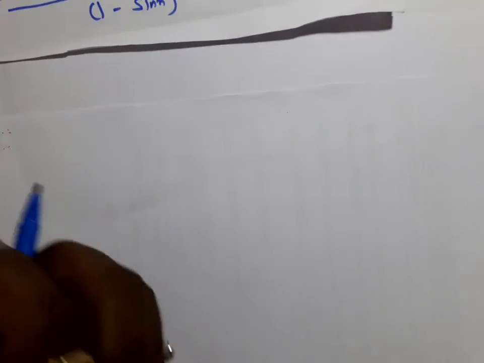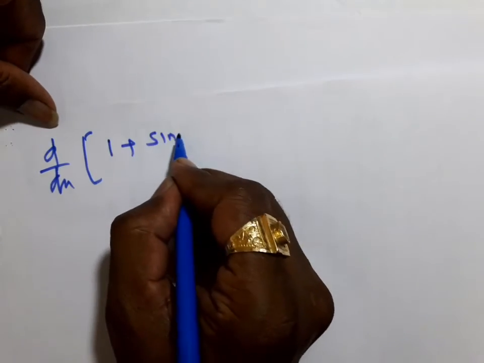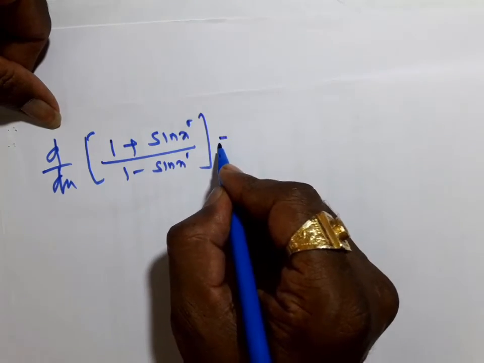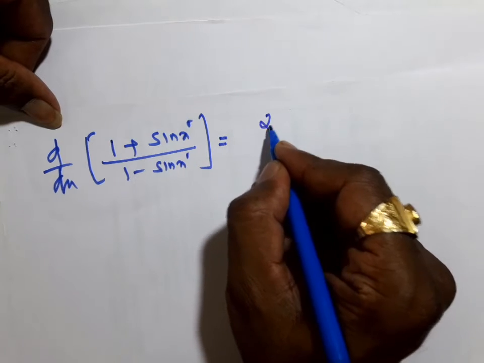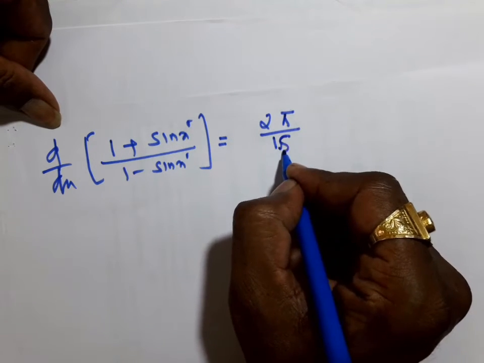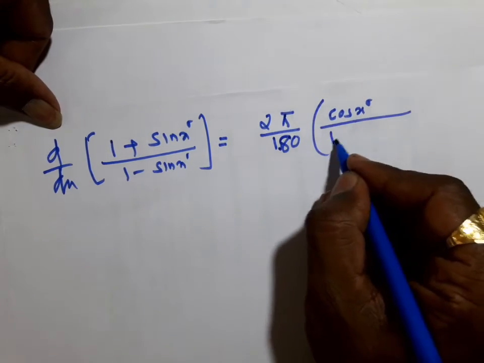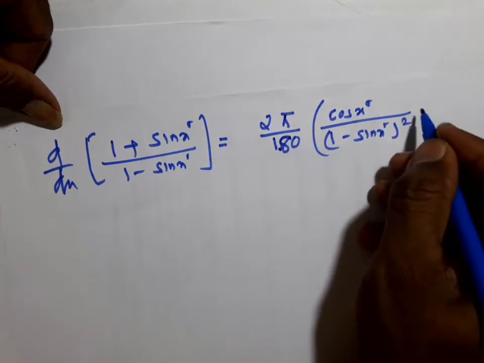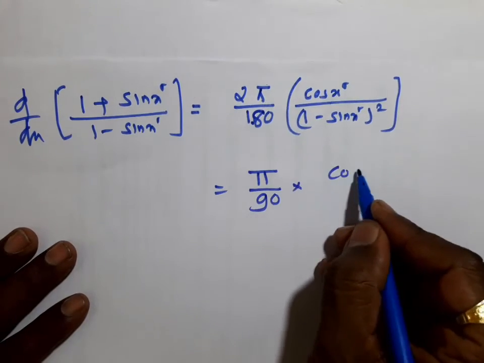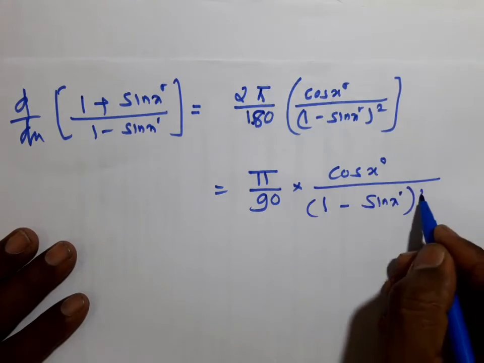And the final answer, therefore: d/dx of (1 plus sin x degrees) upon (1 minus sin x degrees) is equal to 2 pi upon 180 into cos x degrees upon (1 minus sin x degrees) square, or otherwise pi upon 90 into cos x degrees upon (1 minus sin x degrees) square.